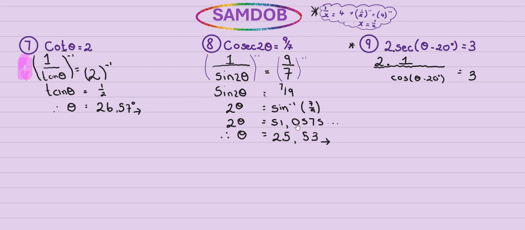And on the right hand side, if we want to make this a fraction, this would be 3 over 1. So that first step here is very important, because you need to recognize that the 2 is in the numerator. Okay, now at this point we of course want to get cos theta minus 20 out of the denominator, so we obviously invert both these fractions.